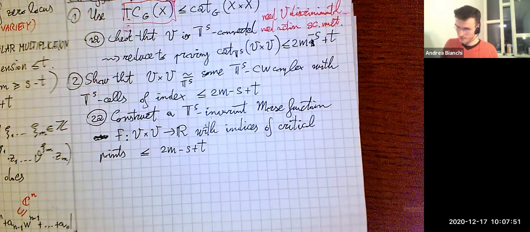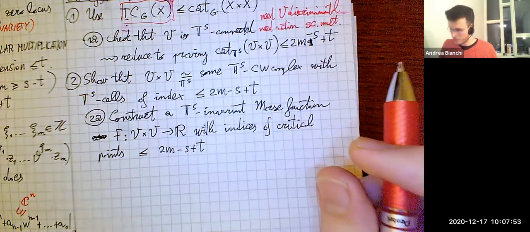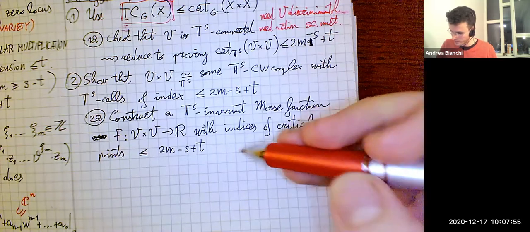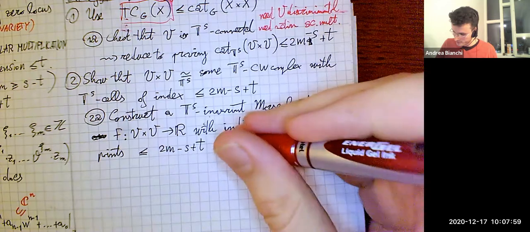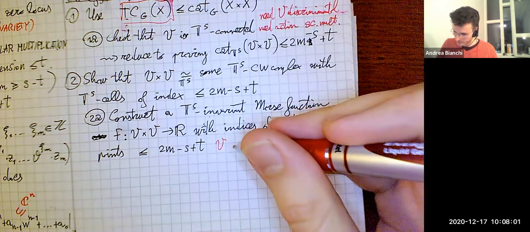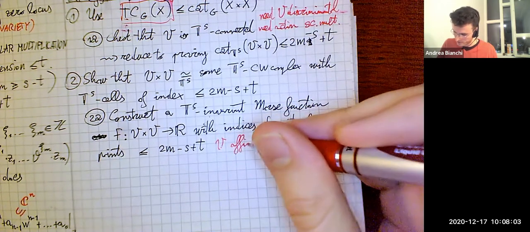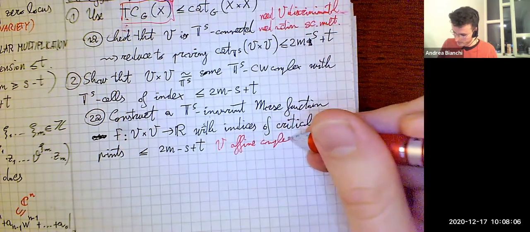And in this step, we really use the fact that V has a complex structure. Let me say here we need that V is an affine complex variety.